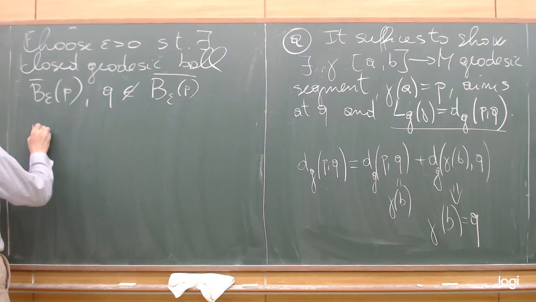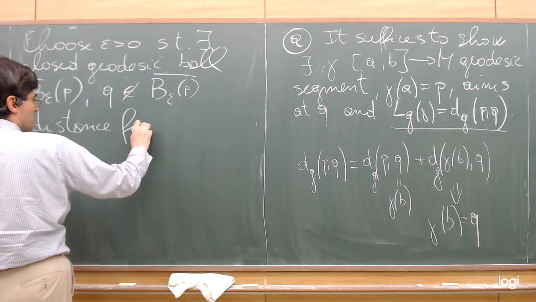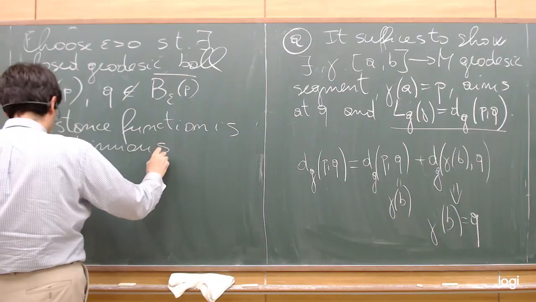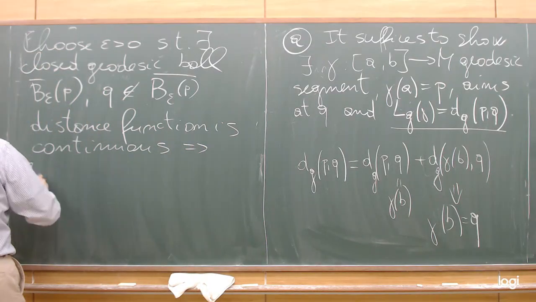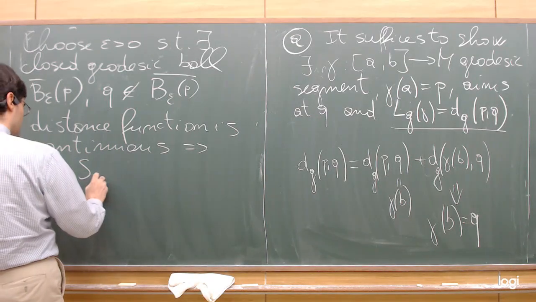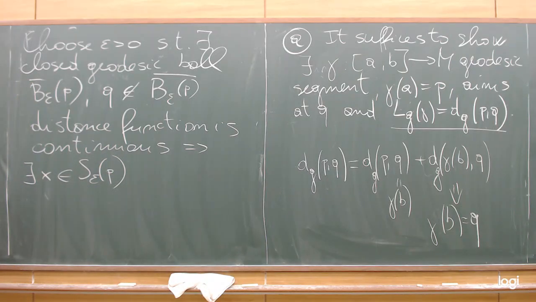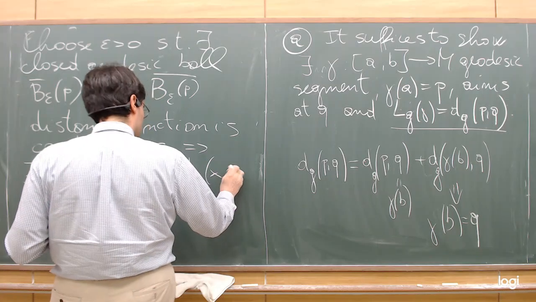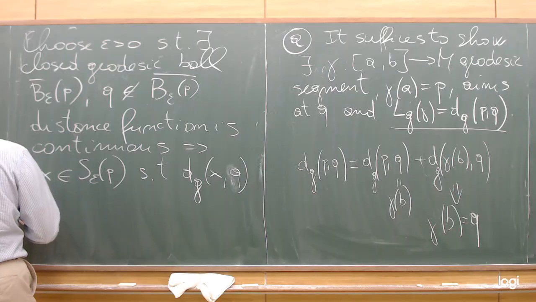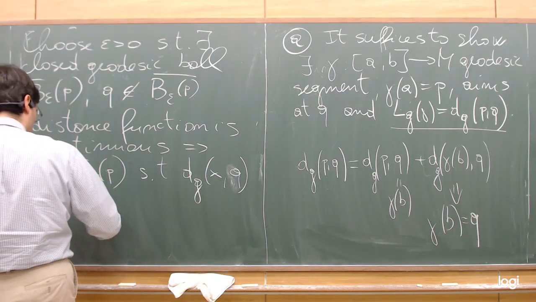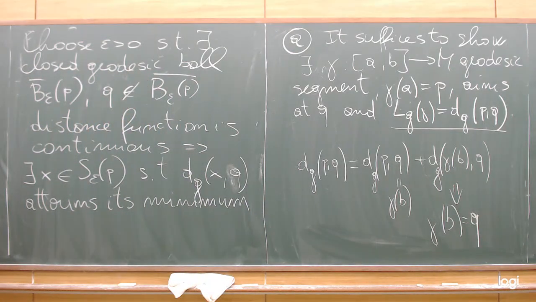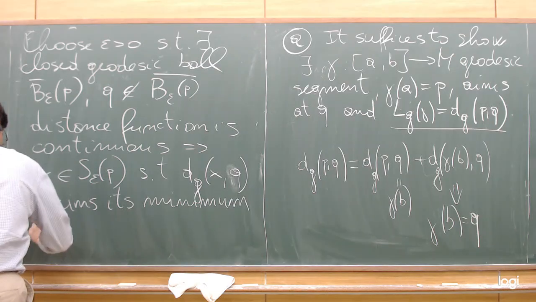Since the distance function is continuous, then we can say that there exists a point X in S_epsilon(P), so this belongs to the geodesic sphere, such that the distance from X to Q attains its minimum on S_epsilon(P).